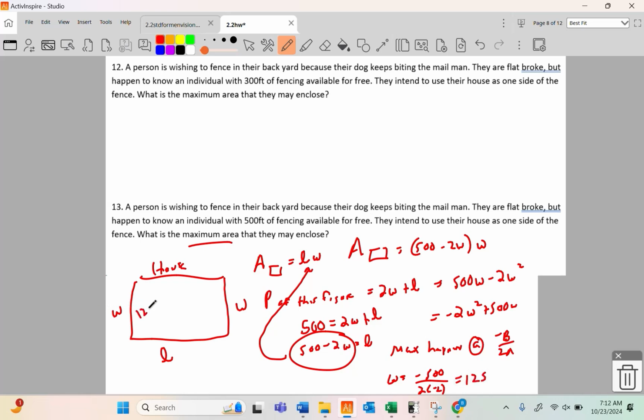I'm going to go back to my diagram, 125, 125. That makes 250, which means the length is 250, because 500 minus 125 minus 125 is 250. And so the area of my rectangle then is going to be 250 times 125.